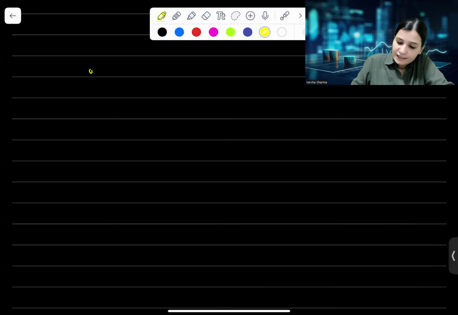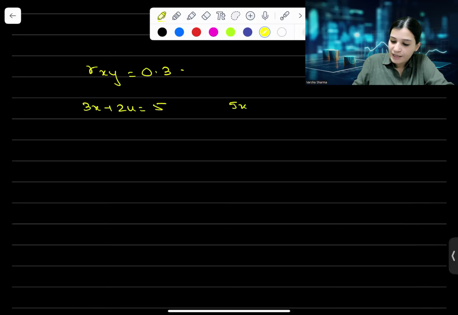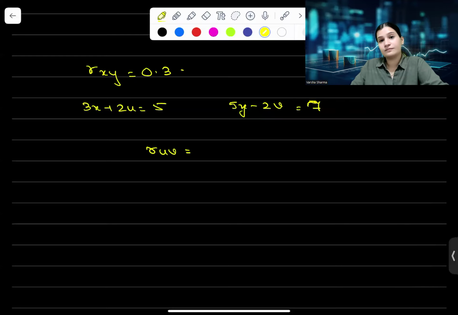So if I tell you that r xy is 0.3, 3x plus 2u equal to 5, 5y minus 2v equal to 7, what will be r uv? Minus 0.3.